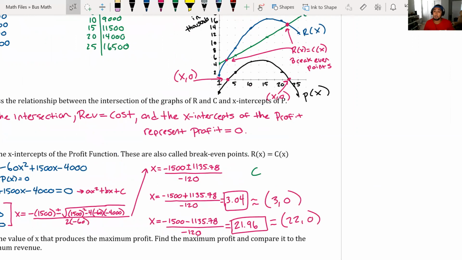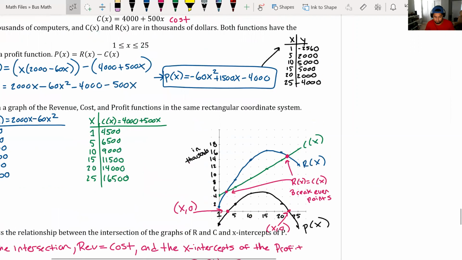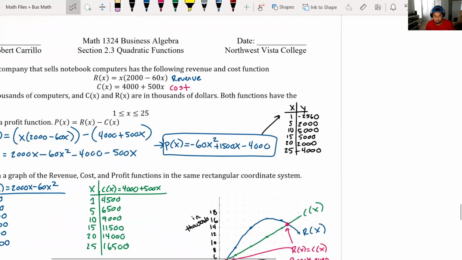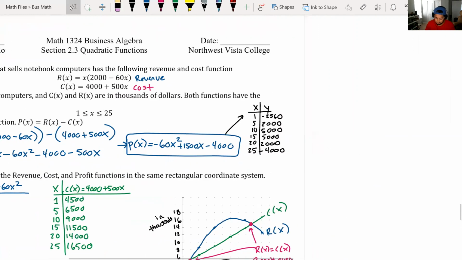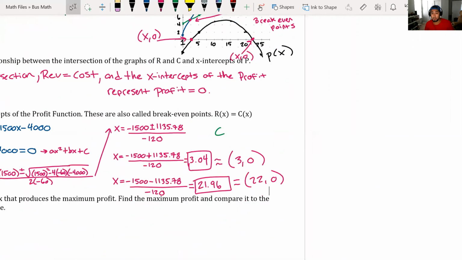And those are the points on the profit function that weren't labeled above. So the x0 and the x0, that would be 3.0 and 22.0. So this means that at 3,000 computers, X is thousands of computers, so of course, interpret it: at 3,000 computers we break even, and at 22,000 computers we break even.